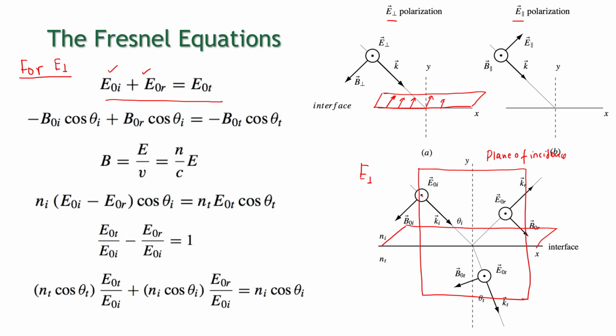It is pointing in, but it is parallel to this surface, right? And our boundary condition is basically that the tangential component of the electric field is continuous, right? Let's just say these are the tangential components.